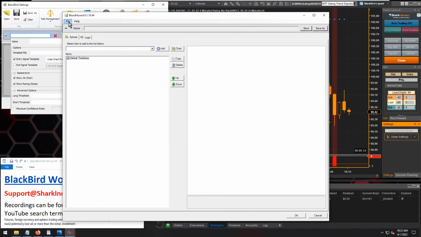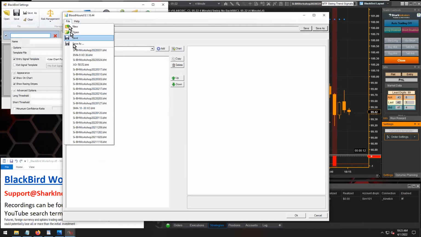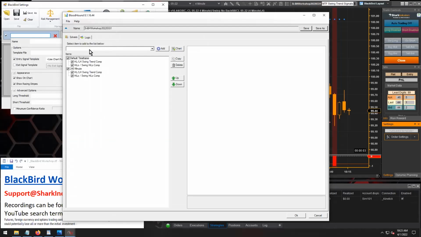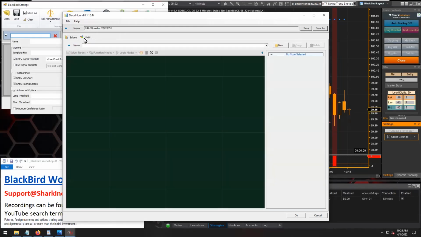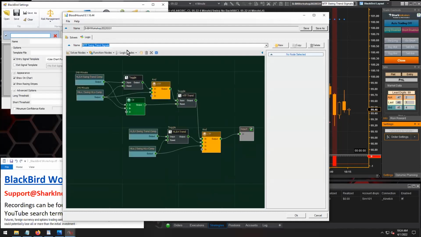From there we can go to File, and from the quick list here we can see yesterday's Bloodhound workshop file right on top. Load that in. We can see the solvers here, and we should take a look at the logic template.